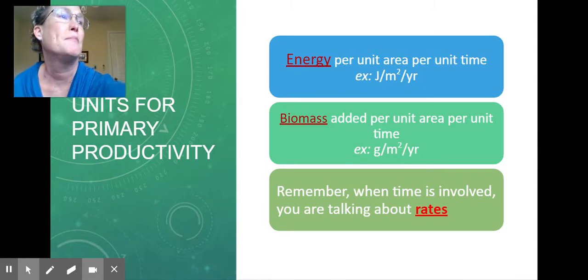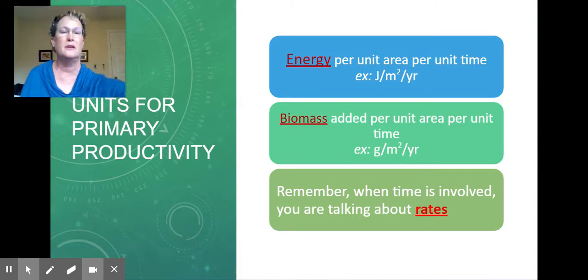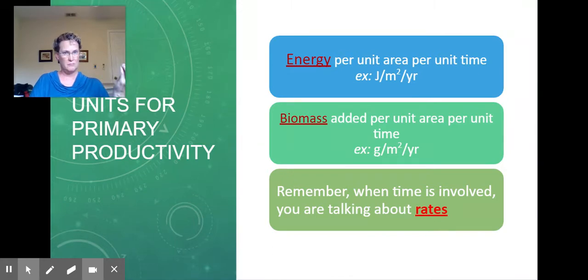If you're talking about biomass, you're talking about grams added per unit area per unit time, so grams per meter squared per year. Remember, when time is involved, you're talking about rates.